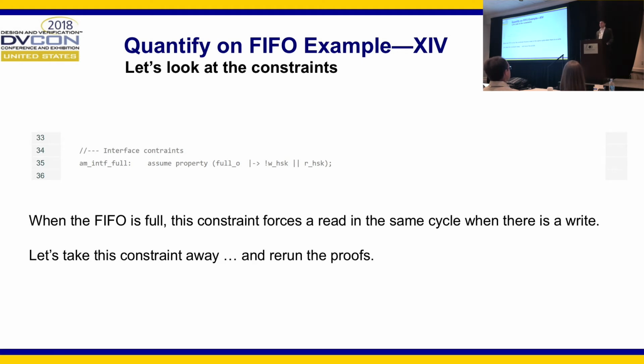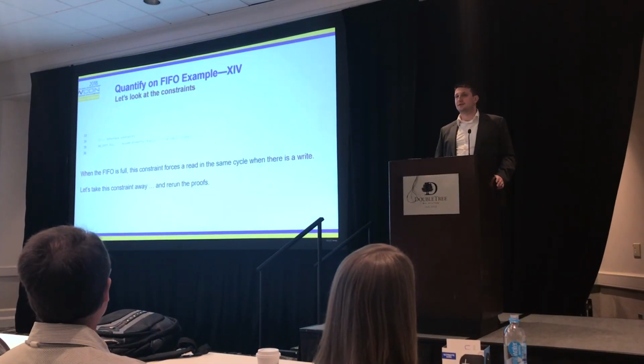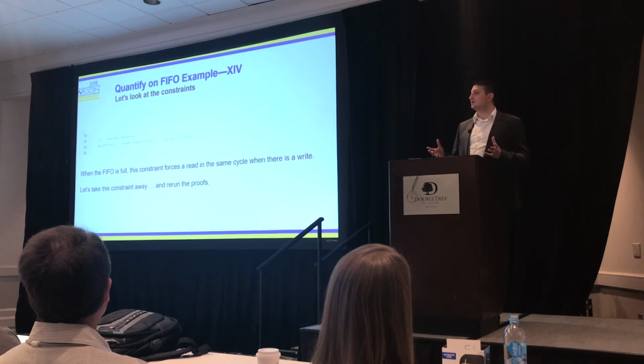So what this constraint does is it actually forces a read whenever the FIFO gets full. And it's actually masking the bug that the last element of the FIFO is being rewritten. And without quantify telling you that pieces of code are unobserved, probably you wouldn't think about this. And so this is how it's guiding you towards looking at the important pieces of code.